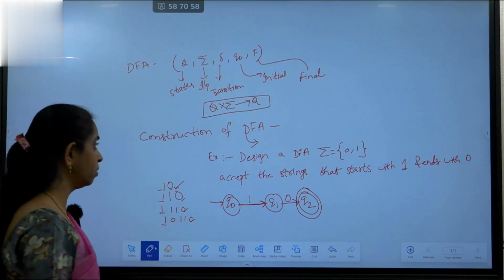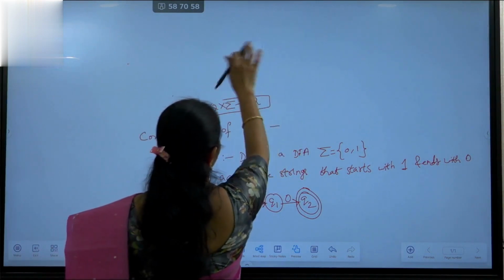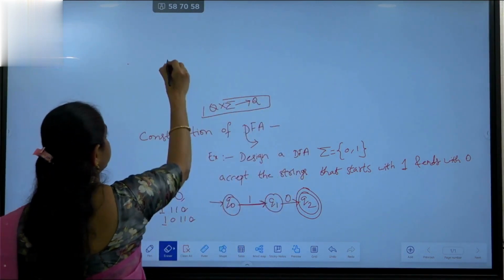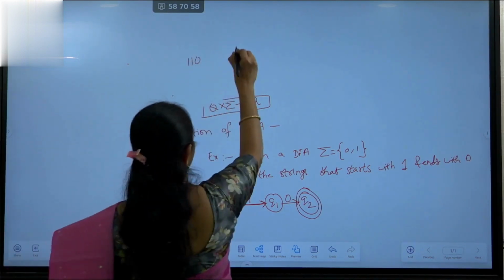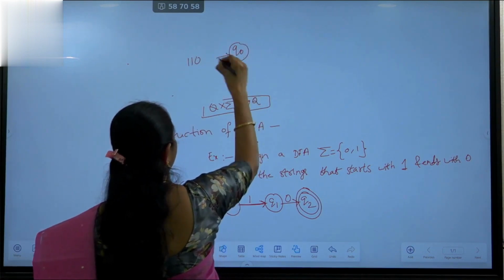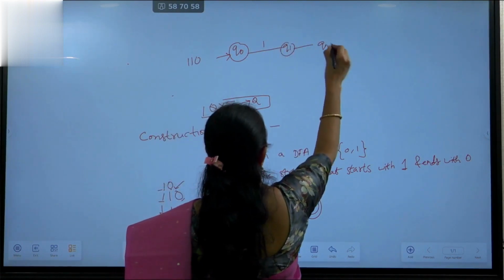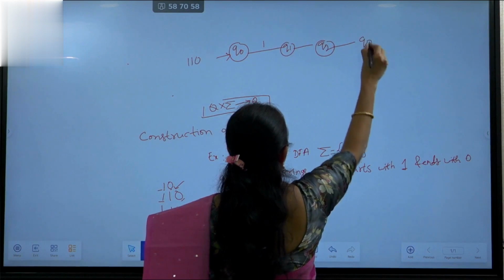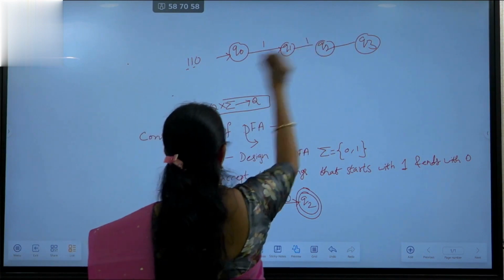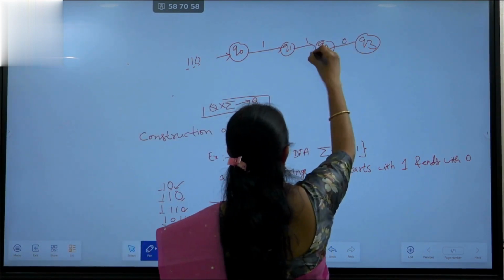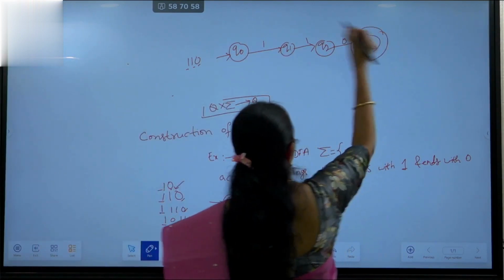For the string 1 1 0, we draw the DFA from Q naught: first we transmit 1, next one more 1, then 0. We stop the string there, so we make it the final state.